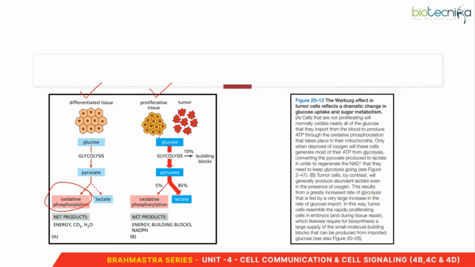But proliferative tissue will start generating lactate, because they need to provide the carbon skeleton required. From glycolysis, they regenerate NAD plus for that. So the carbon skeleton can be used for the production of biomolecules. That is the fact.